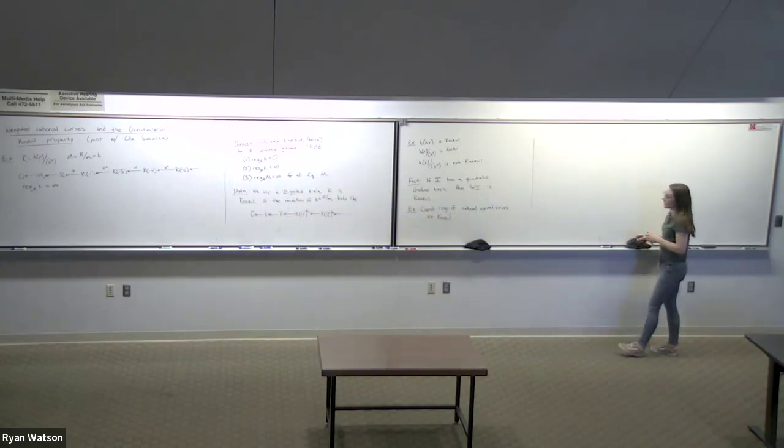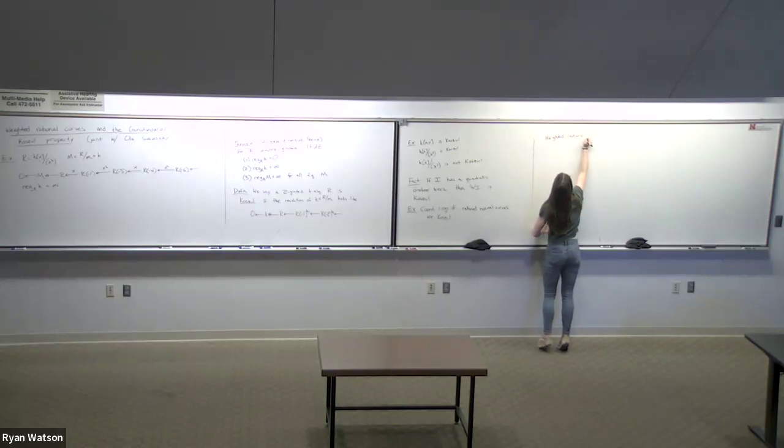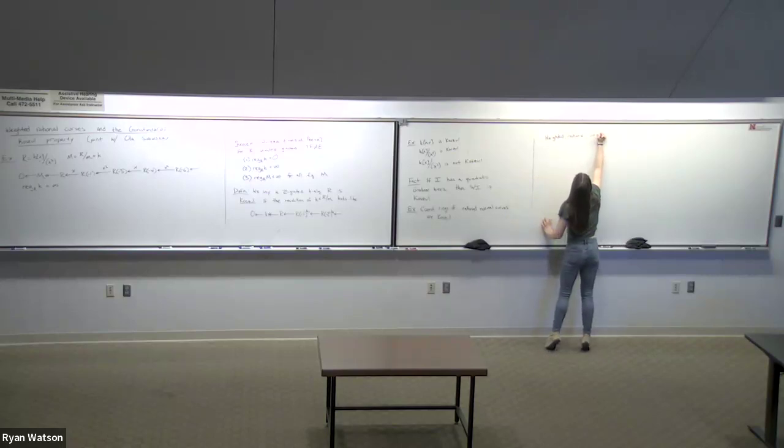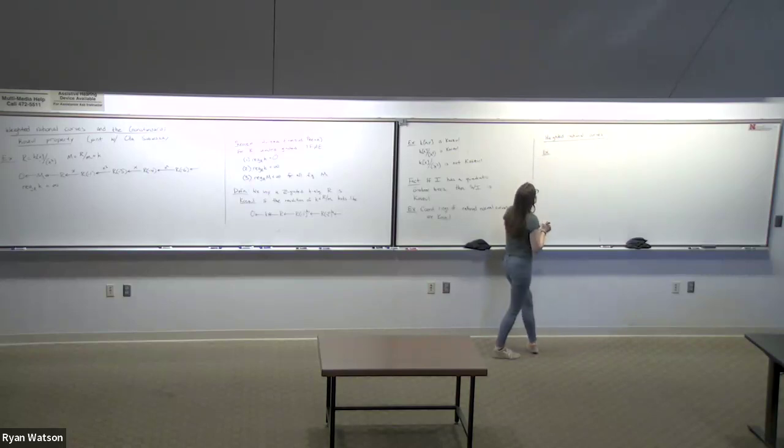And I want to return now to what I'm really interested in, which is these weighted rational curves. I am going to write down again this main example that I started with.